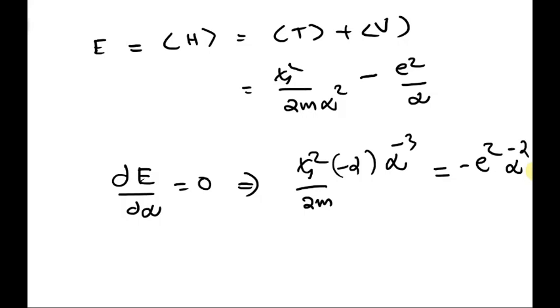This minus will become positive when you put it on the RHS, and whenever you integrate over alpha, another minus will come, and you have alpha square. Okay, so then the 2 cancels here, the minus sign cancelled. This will become h cross square divided by m.